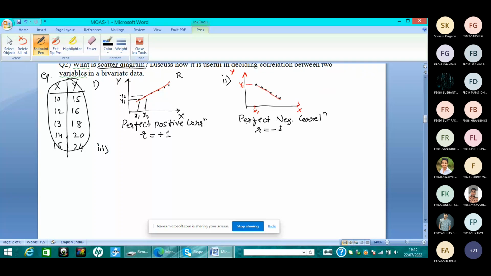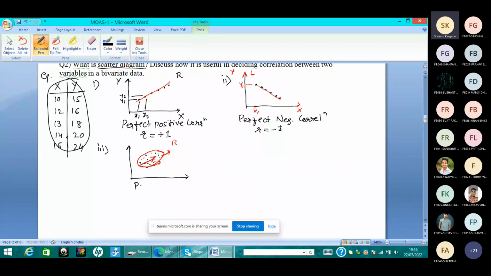Third one: sometimes it is not a straight line every time. But if the points plotted are such that the overall direction, the general direction, is towards the right side, whereas here it was the left side, then you can see that there is not a perfect, but just a positive correlation.